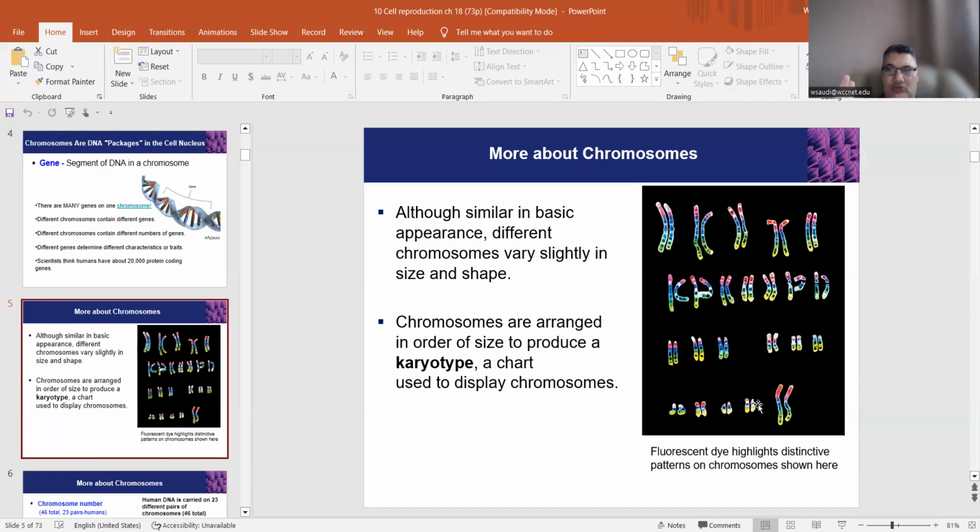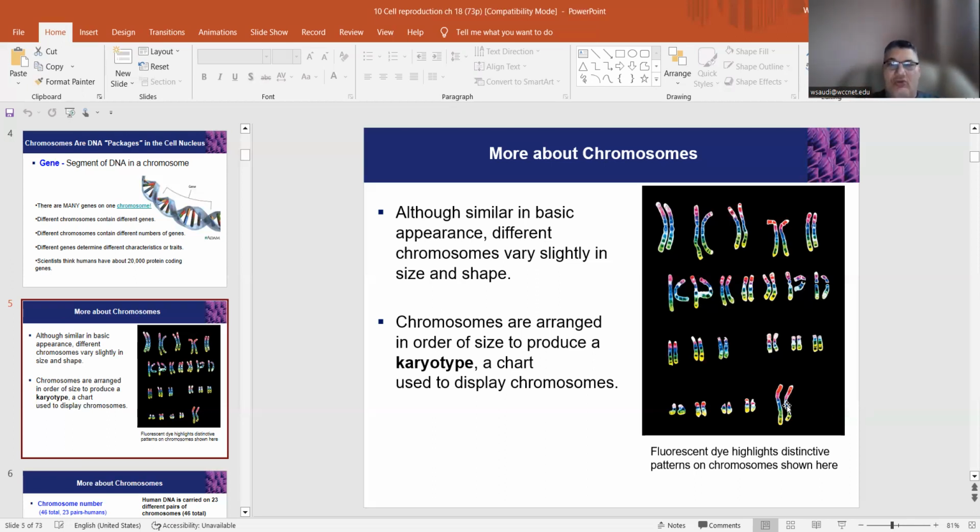Stop at 22. The last one, which is 23, is different from the other 22. From 1 to 22, this is in all cells, males or females. The 23rd is also in males and females, but this one is different.